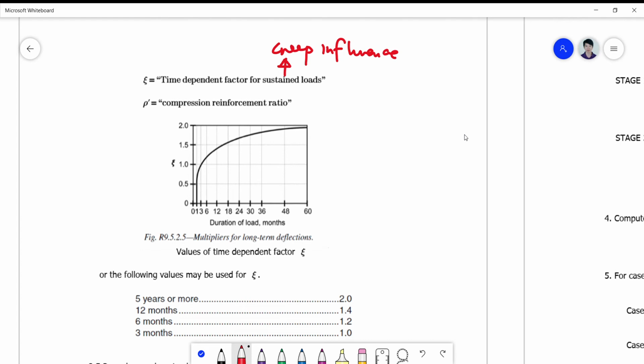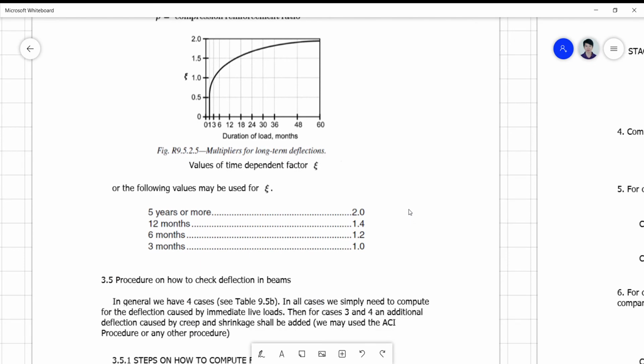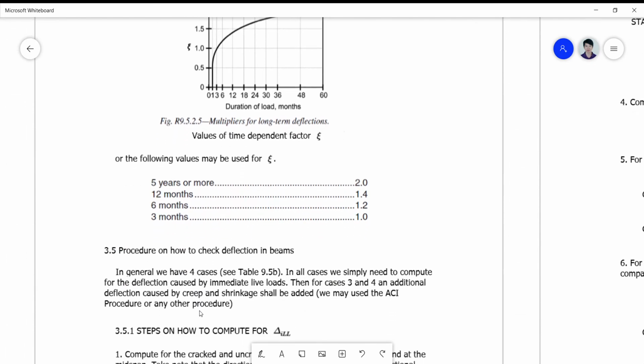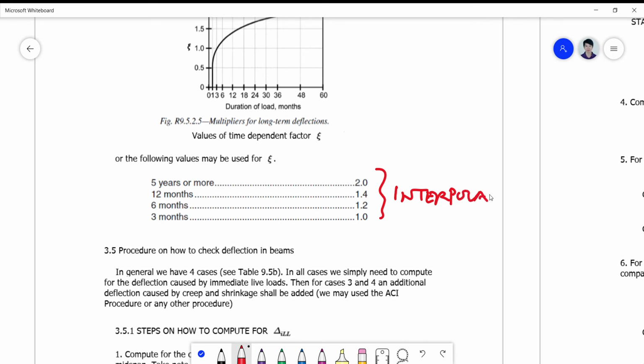Okay, so for the figure here, the multiplier xi as the time-dependent factor for creep is also given in terms of a table here, but still you need to make some interpolations in order to get a more precise value in between.